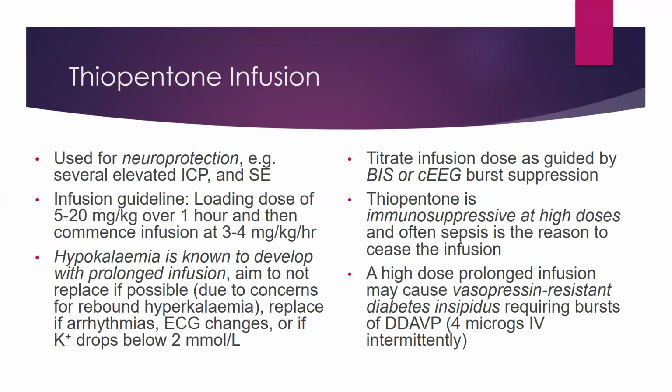And this may require using desmopressin to treat, as it is usually resistant to the vasopressin that is secreted from the posterior hypothalamus. So external or exogenous administration of desmopressin may be required in this patient.